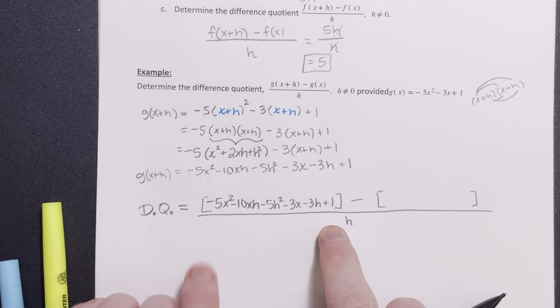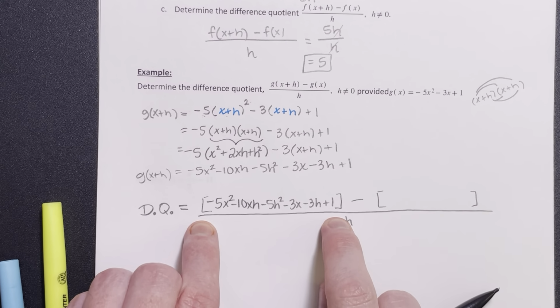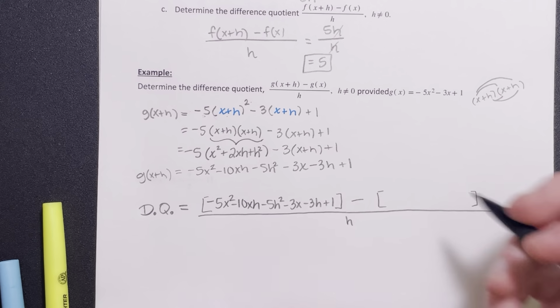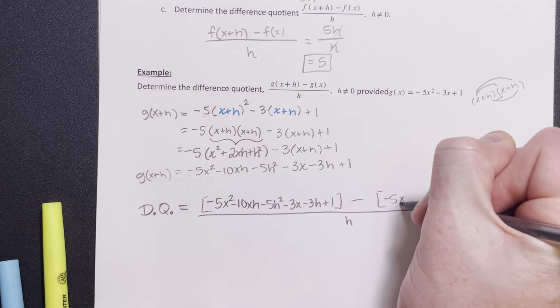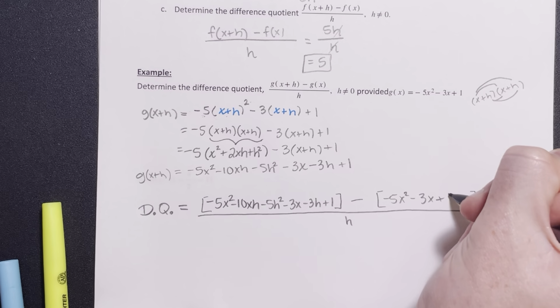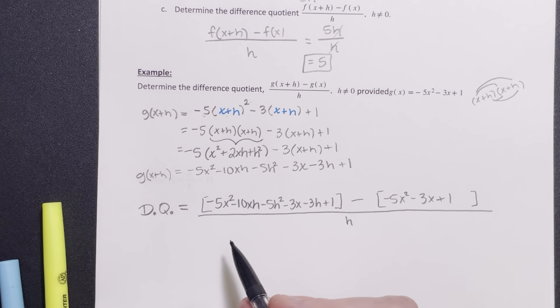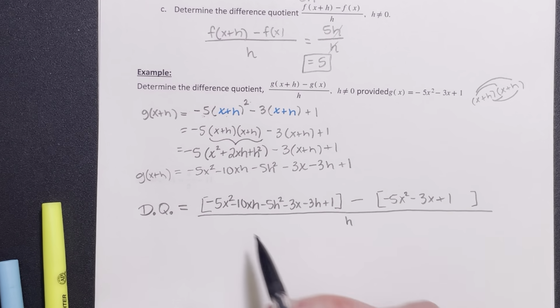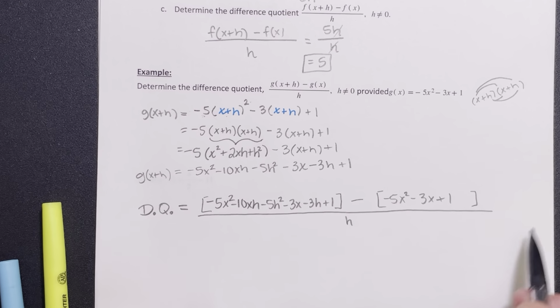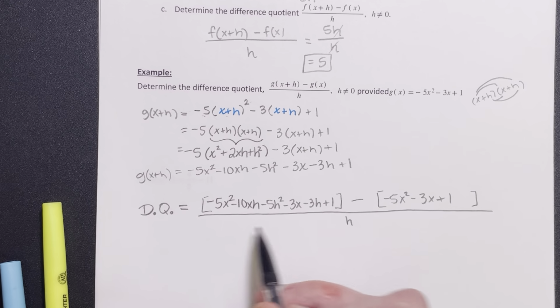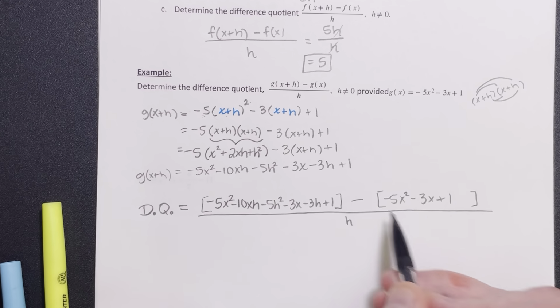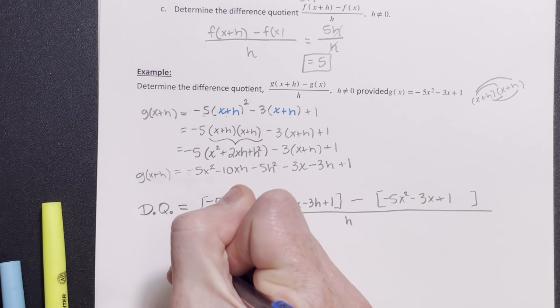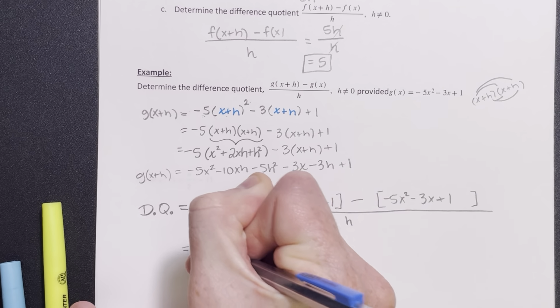So in this first spot, I know I have g of x plus h. Then I'm subtracting g of x, which was negative 5x squared minus 3x plus 1. I use these brackets, or you could use parentheses, to group and show this whole thing was g of x plus h. I'm subtracting all of g of x, and then we'll start doing our simplification.